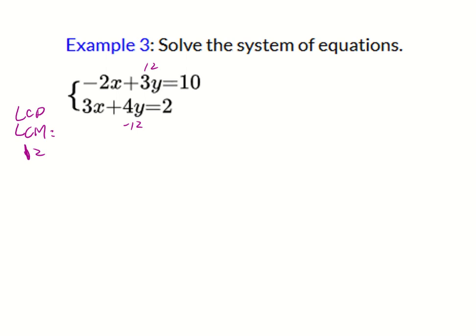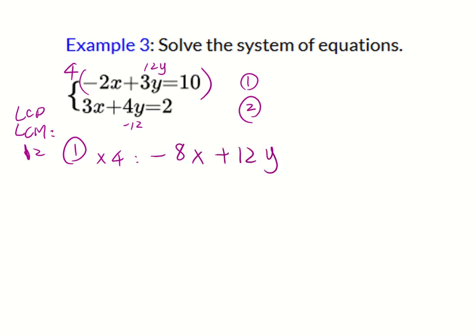To turn this 3y into 12y, I need to multiply the whole first equation by 4. So equation 1 will be multiplied by 4. That will give me -8x plus 12y equals 4 times 10, 40.